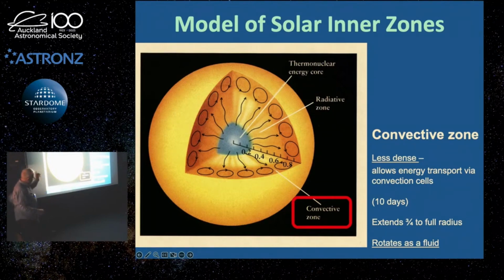Here's the other thing, one of the key things to keep in your mind throughout this whole talk: the convection zone, because it's much less dense, sufficiently so for convection to occur, behaves like a fluid. Instead of a solid, it behaves like a fluid as it rotates. And a quick spoiler alert coming up.